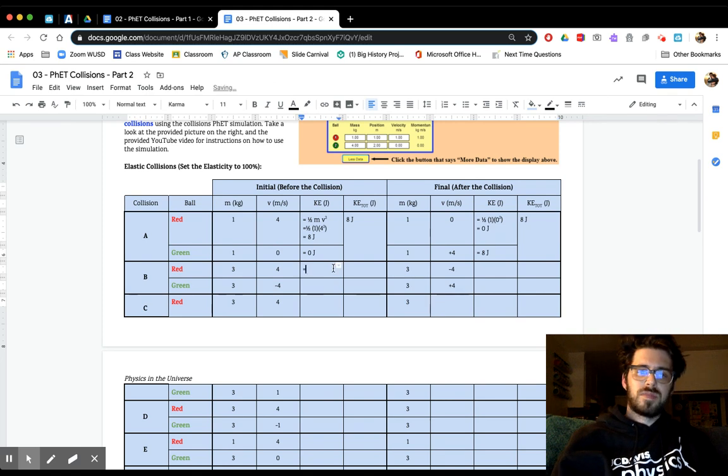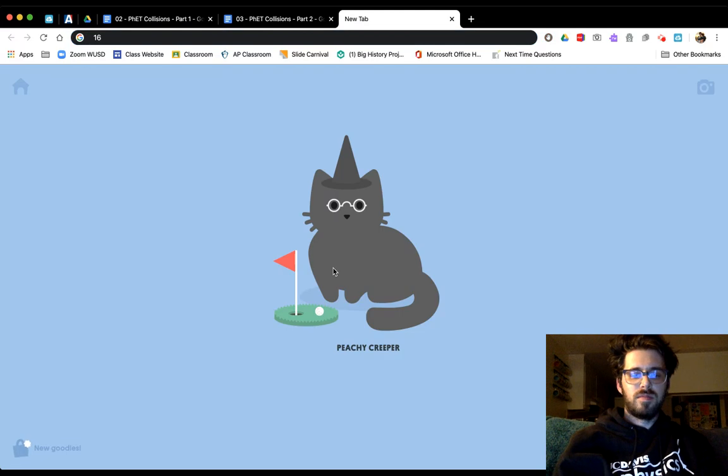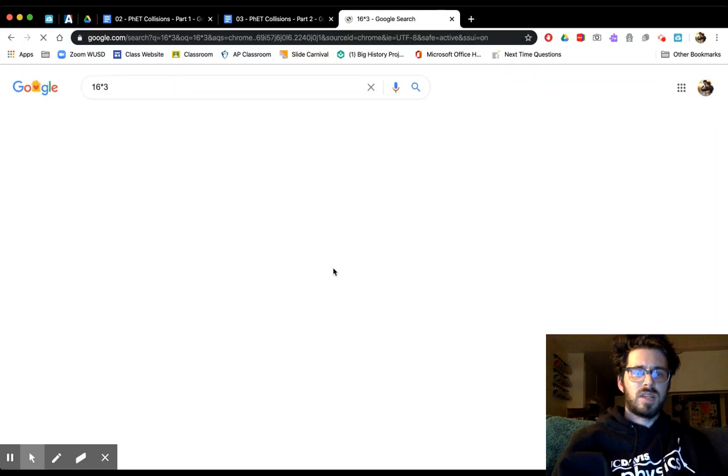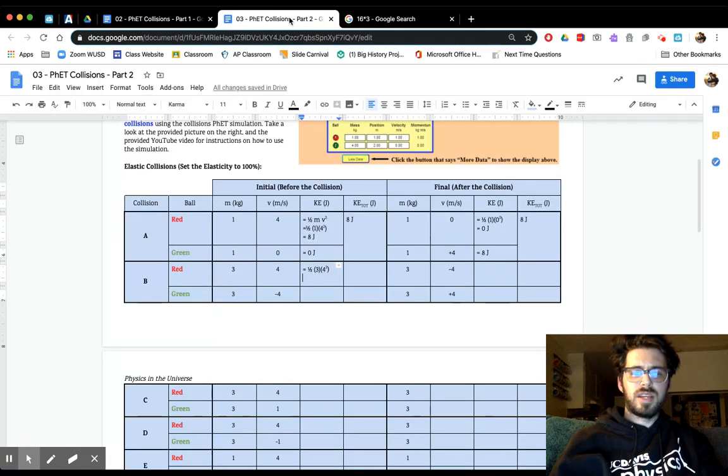Equals 1/2 m, it's going to be 3 times 4 squared. 4 squared is 16. 16 times 3. It's a little late at night for me to do that in my head. 48. Then 48 divided by 2 is equal to 24.